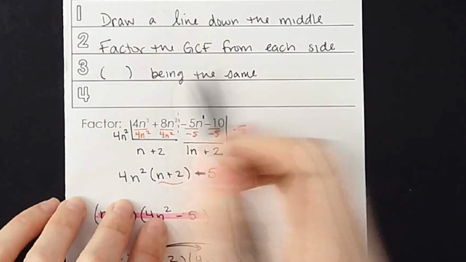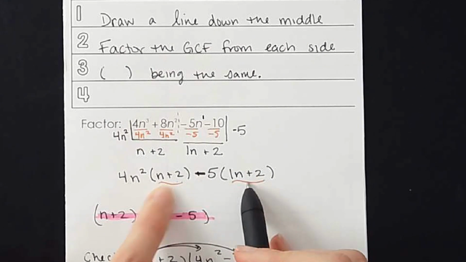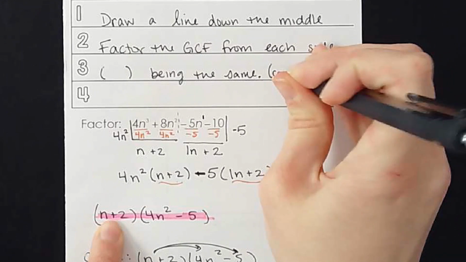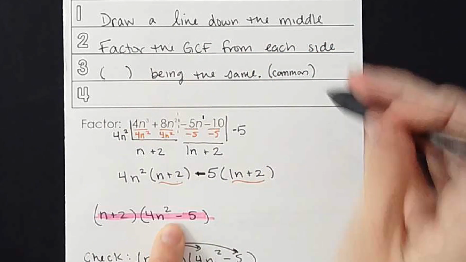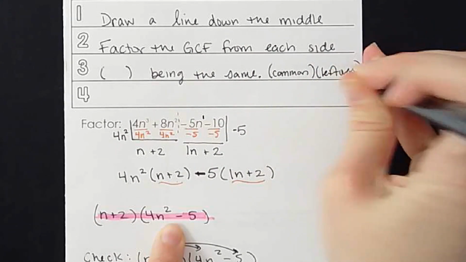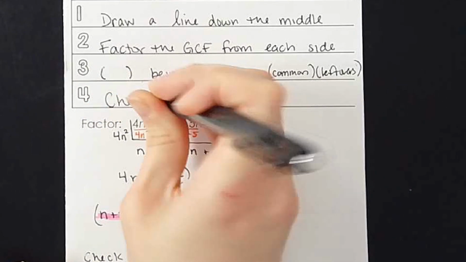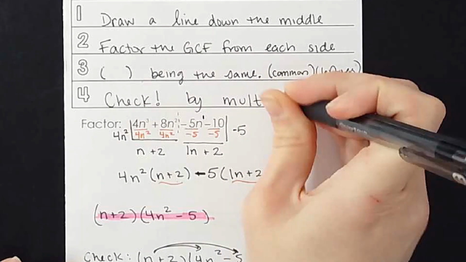So once your parentheses are the same, we wrote our answer as the thing they had in common, the n plus 2, times the thing that we're left over, the 4n squared and the minus 5. Once I have my answer, I check by multiplying to make sure that my answer is correct.